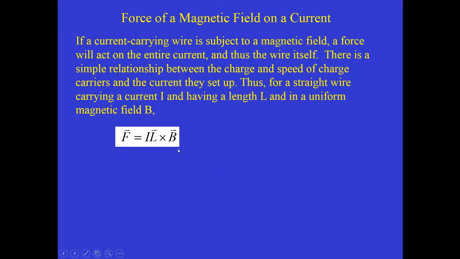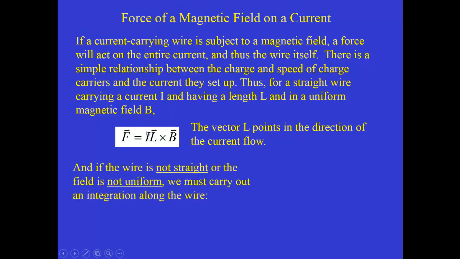It has a similar kind of cross product, and we write it as the current times the vector L, which has direction along the length of the conductor and magnitude equal to the length of the conductor, crossed into the magnetic field. So this holds true for a constant current and for a straight wire of length L. You can see here, by convention, we regard L to be pointing in the direction of the current flow.